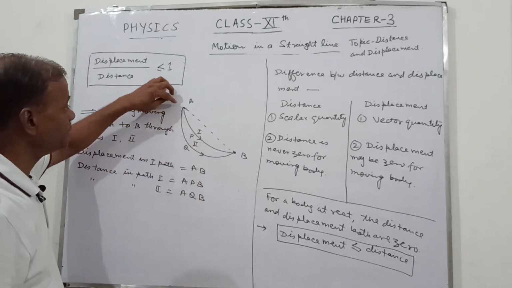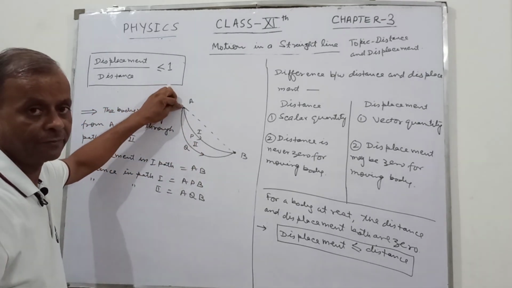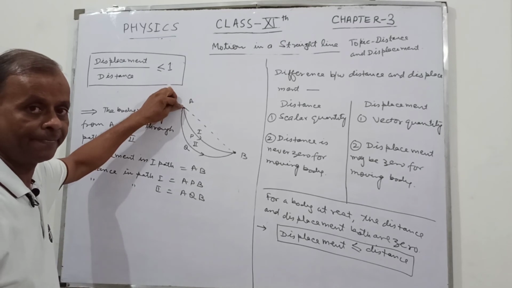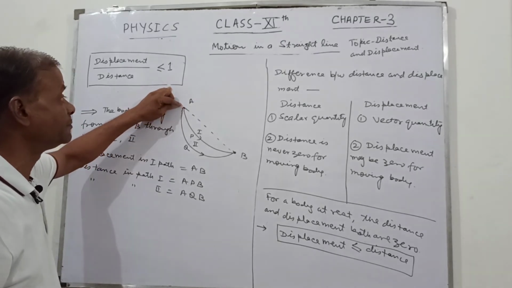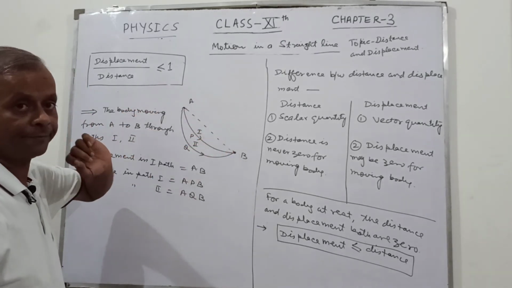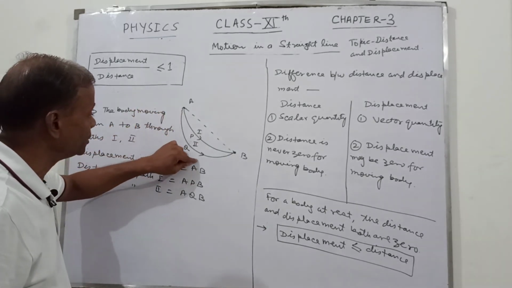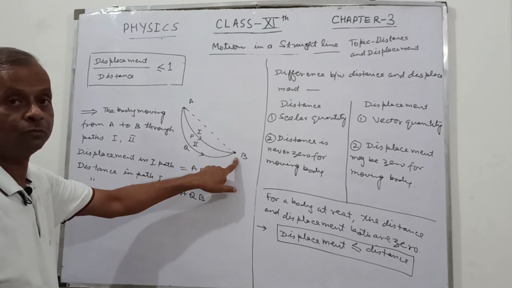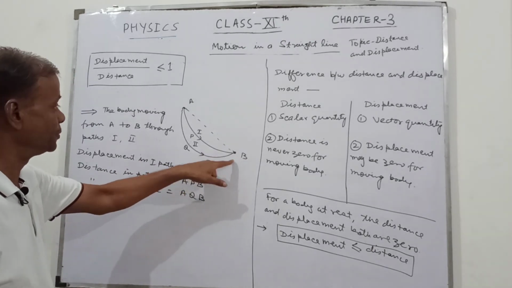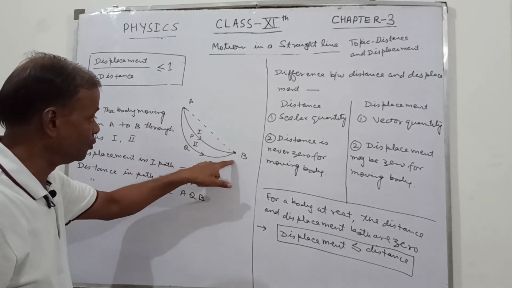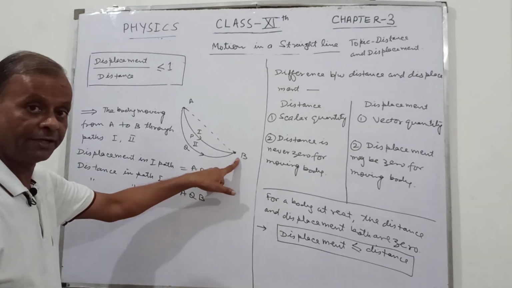Now if suppose a body is dropped from here, then what will happen? The body will take maximum time to move from A to B, and the body will take minimum time moving through A, Q, B. This is because here the body is getting more velocity. The velocity will increase.